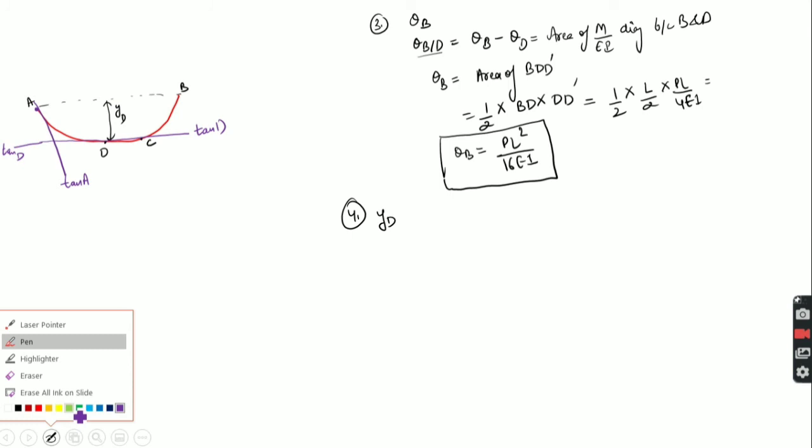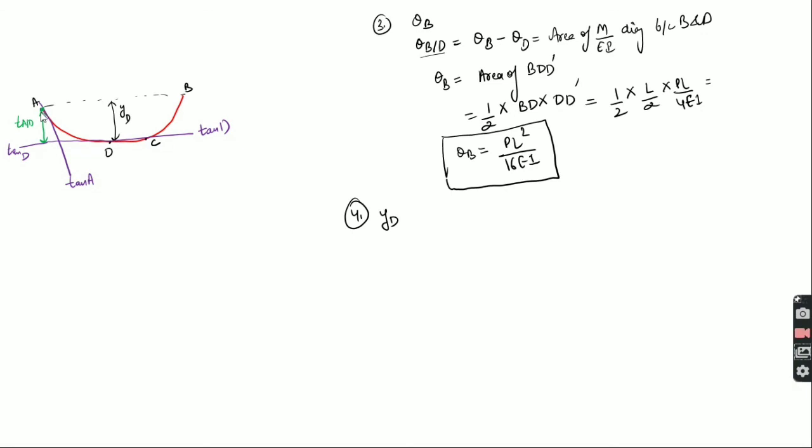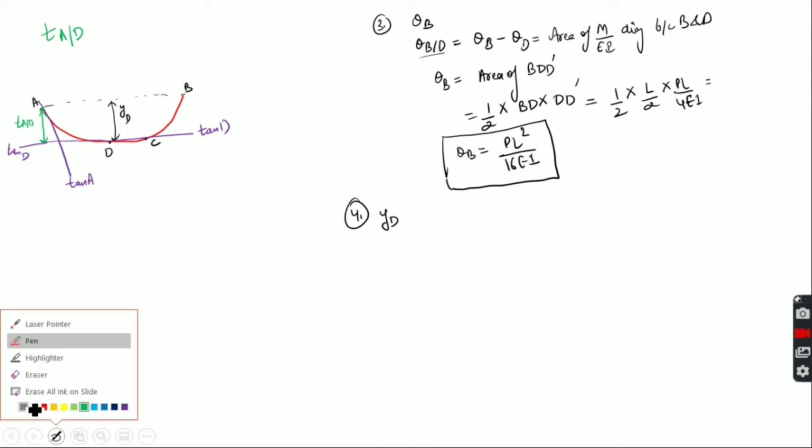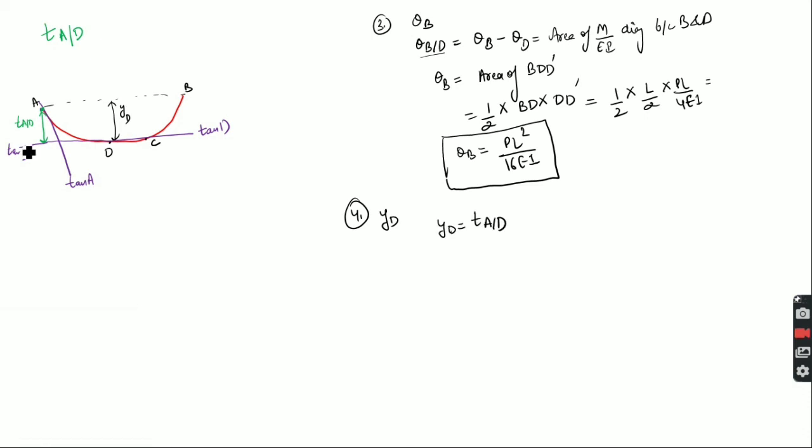This distance means the vertical deviation of point A from the tangent at D. And if you look at this figure, as this is symmetrically loaded, we can say that this TAD is the same as YD. Therefore YD is equal to TAD.